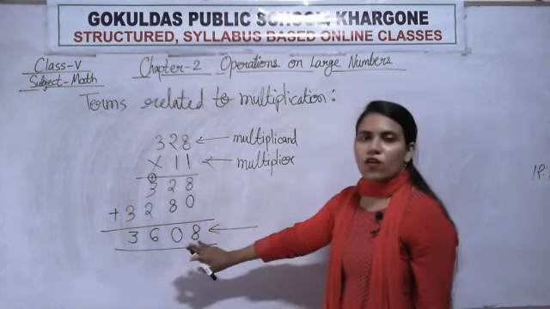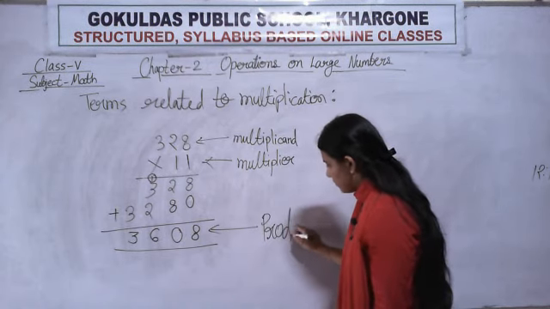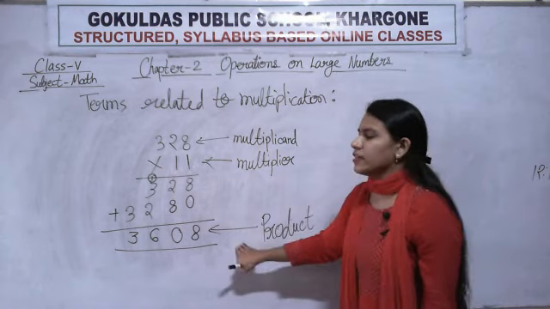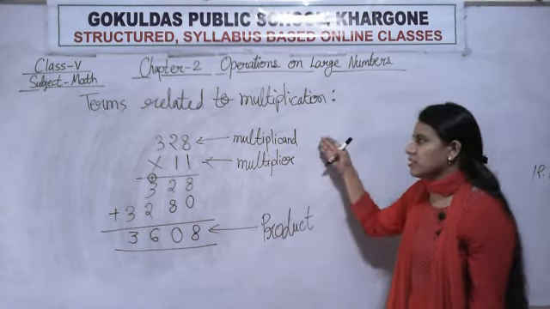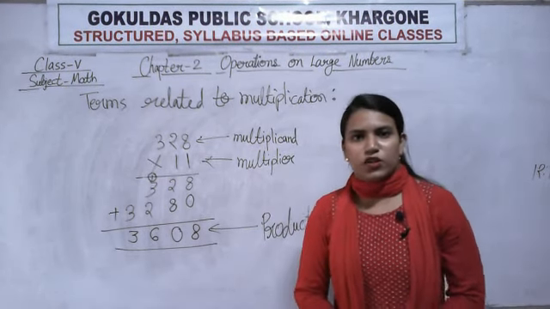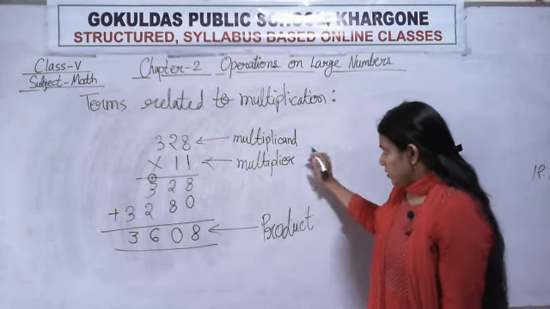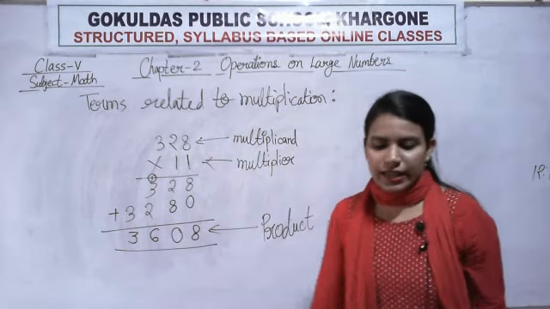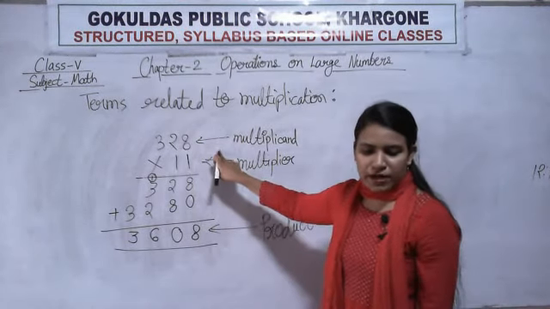The result or answer of multiplication is called product. These three terms are related to multiplication. You already know, but for recalling purpose I am telling you. This number is multiplicand.